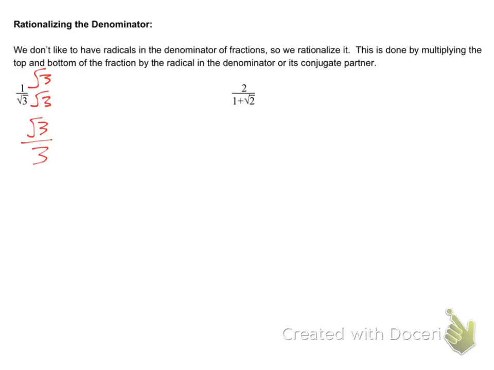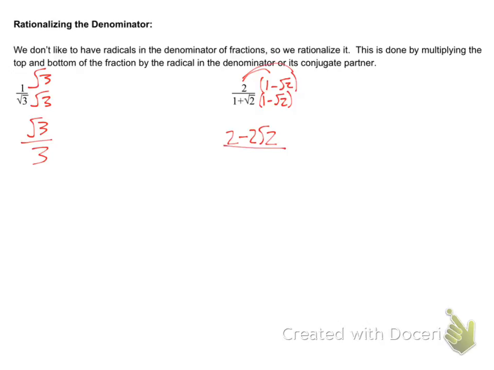You have to multiply by 1 minus the square root of 2, but what you do to the bottom, do to the top. Distribute gets 2 minus 2 square root of 2 across the top. The bottom you have to FOIL.